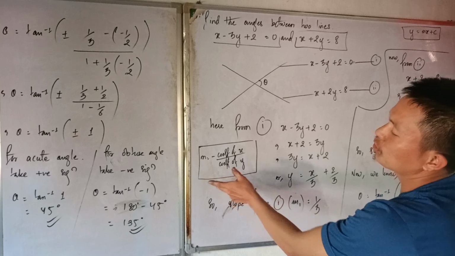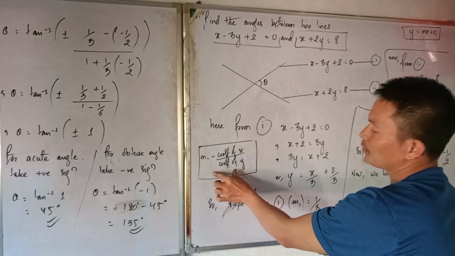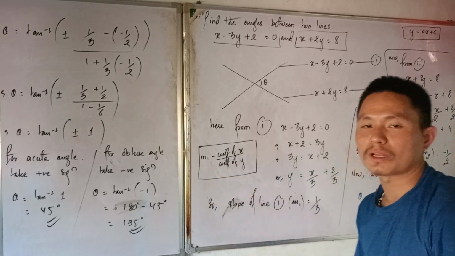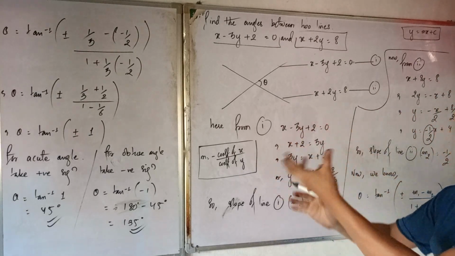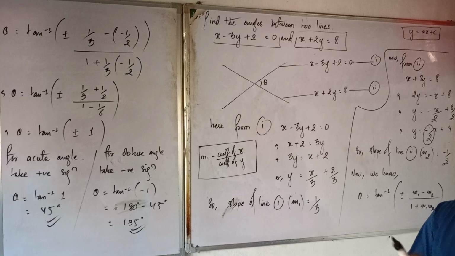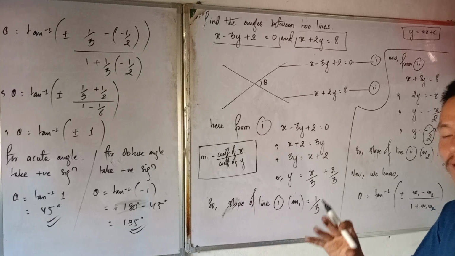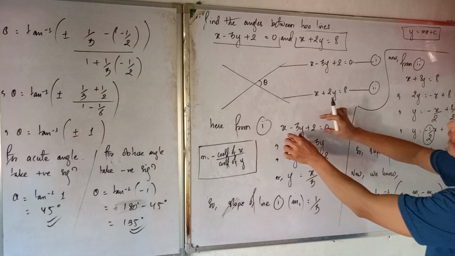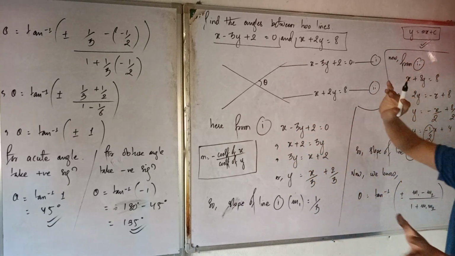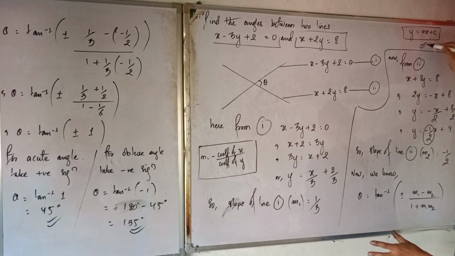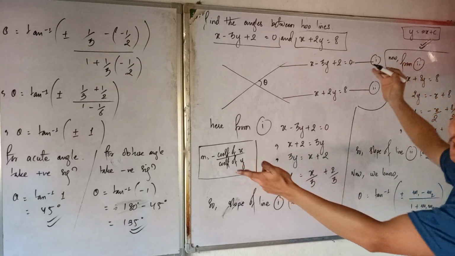Most of the students just forget this formula. That's why I would rather tell them to express the equation in the form y equals mx plus c. It is the easiest, and you never have to remember this kind of formula.